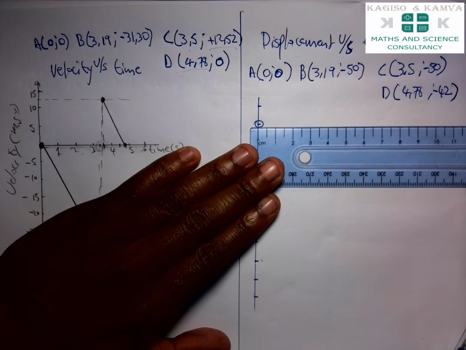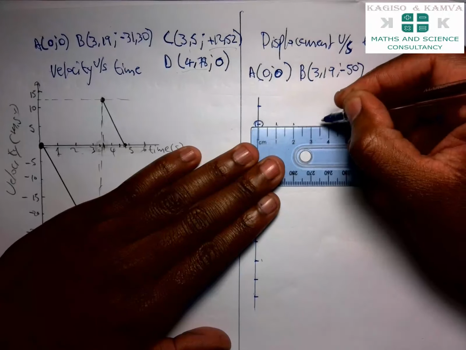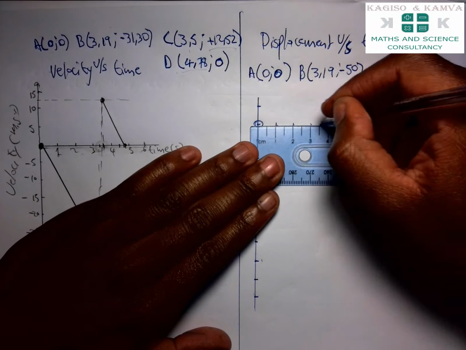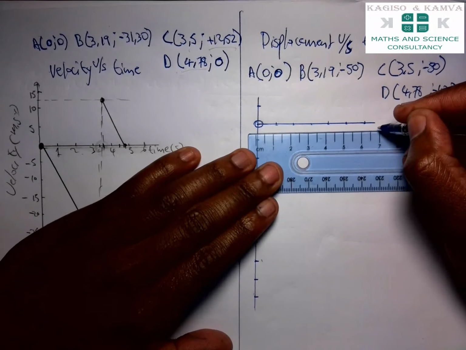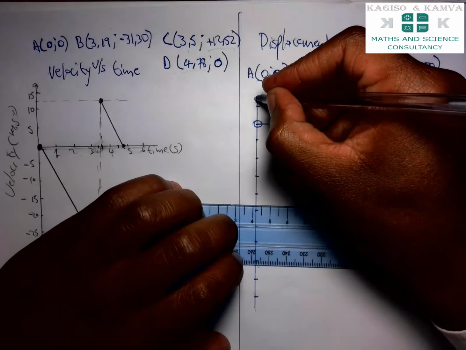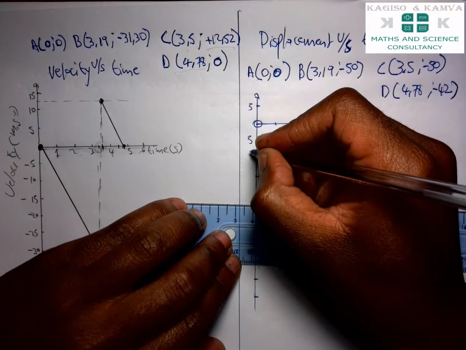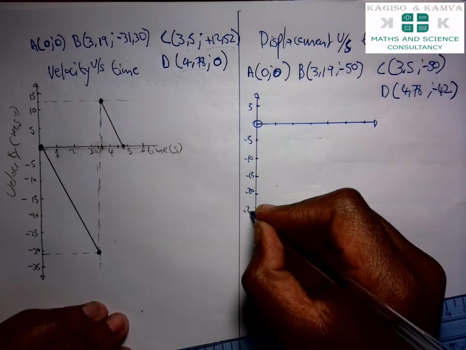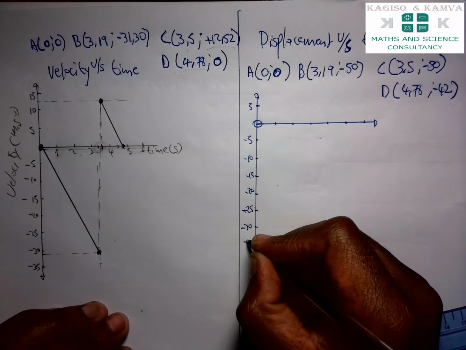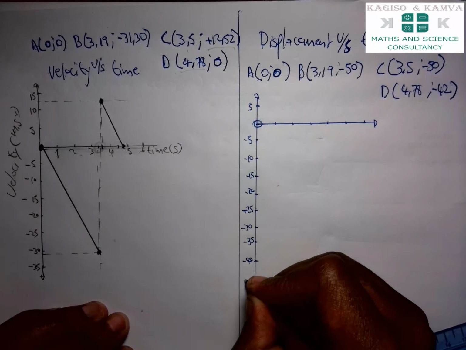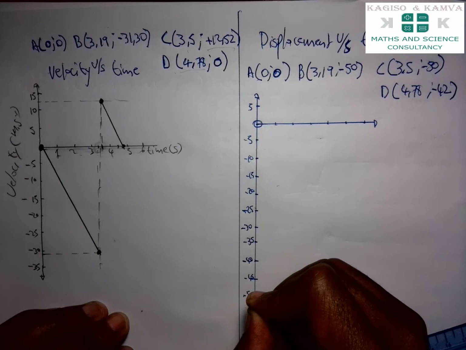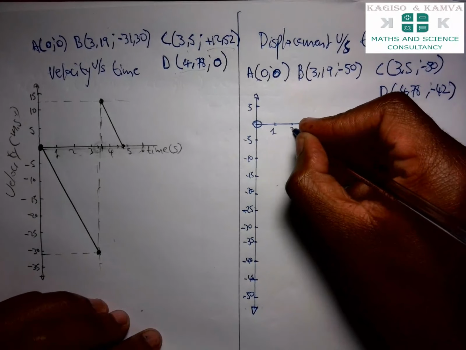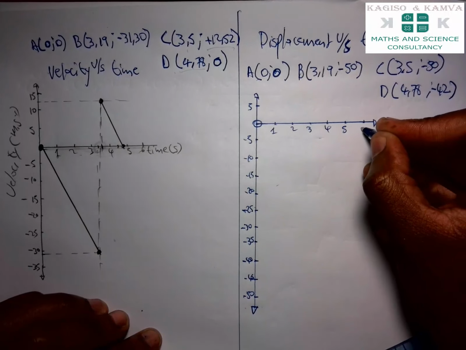Now our times 1, 2, 3, 4, 5, 6, and the displacement is 5, negative 5, negative 10, negative 15, negative 20, negative 25, negative 30, negative 35, negative 40, negative 45, negative 50.